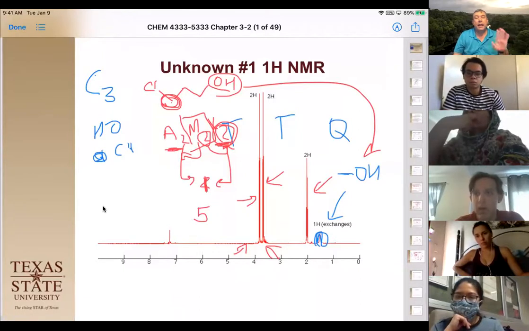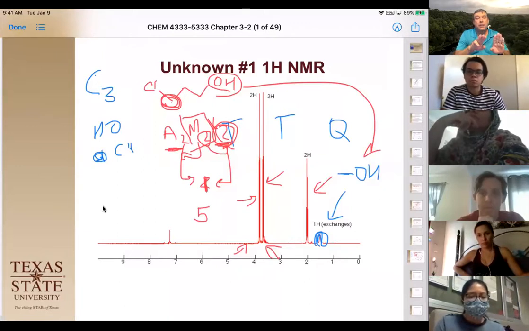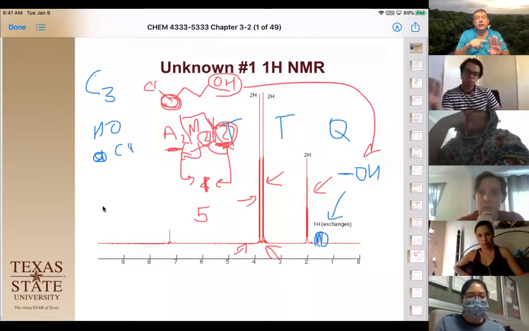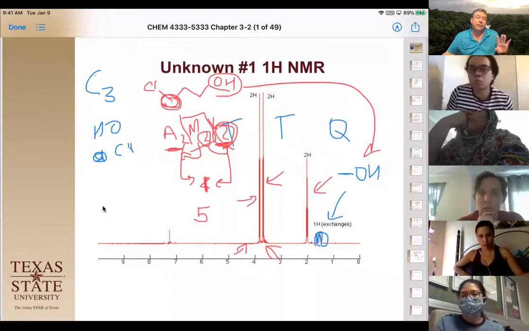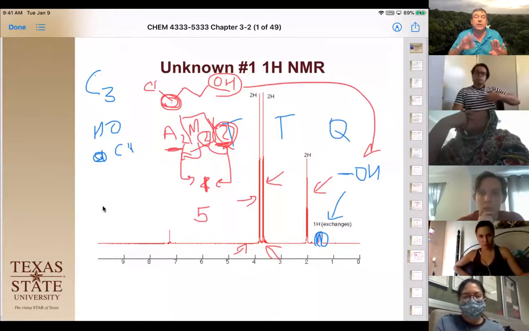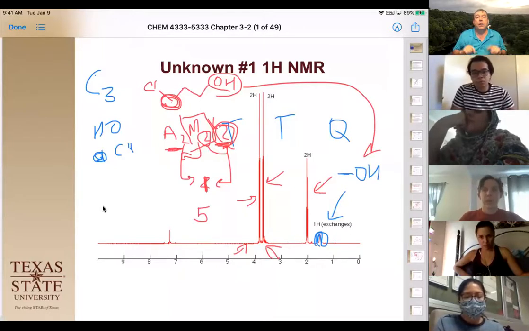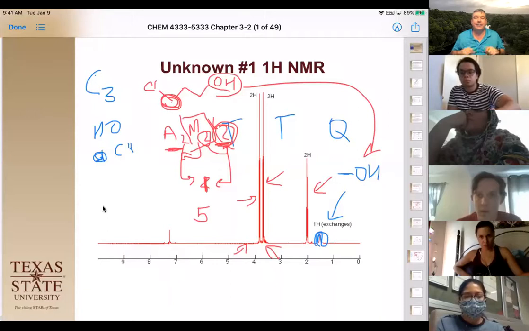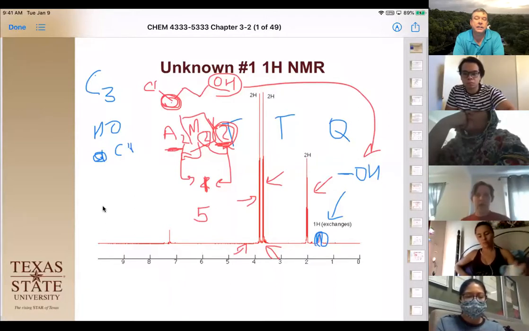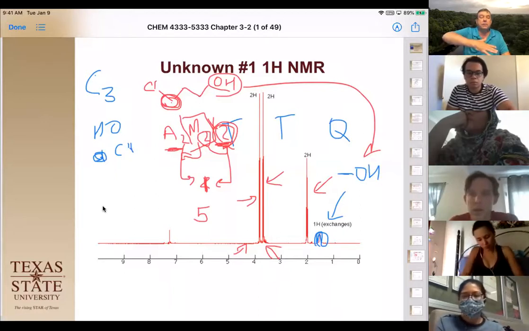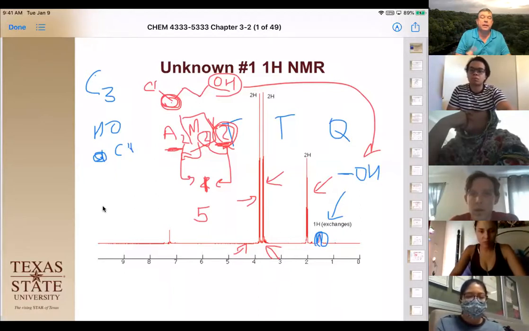The A stands for the atom you're starting with. M is the middle because that's the one that can interact with either one. And then the X is the other thing. We can't call that one A2 also, because then we'll confuse it. So we're calling it something else. It is just an arbitrary orientation, but we always start with the letters A, M, and X. It's significant that X will not split A. M will split A because it's the midpoint.